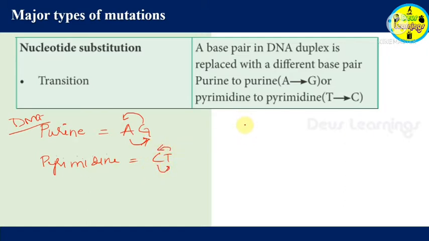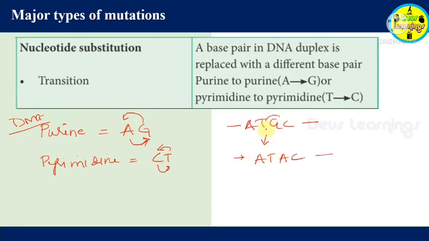So let's see an example. If we have a sequence, for instance, A, T, G, and C, if a purine is getting substituted, then it will be like A, T, A, C, right?